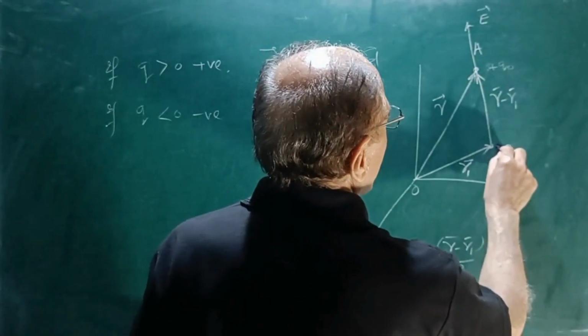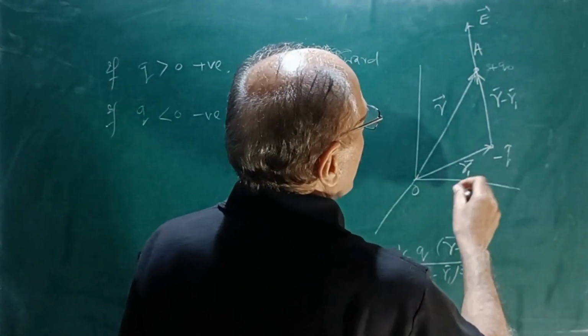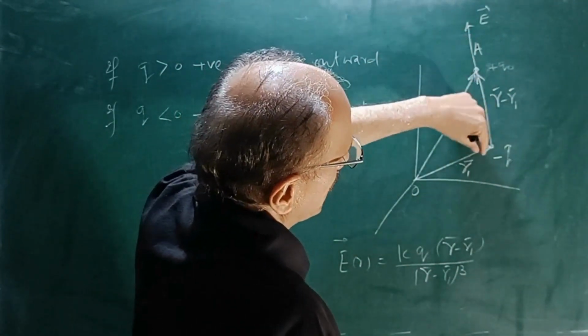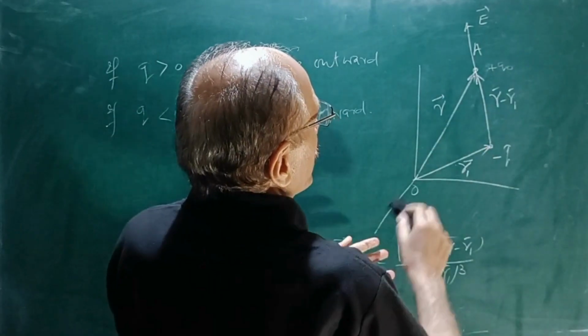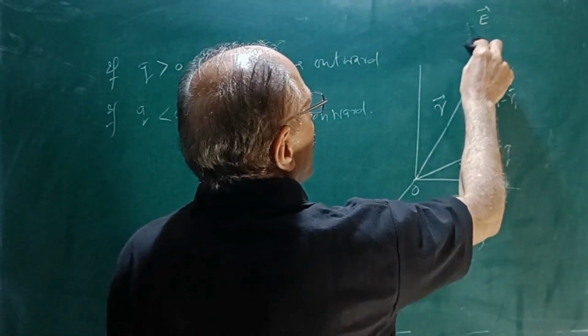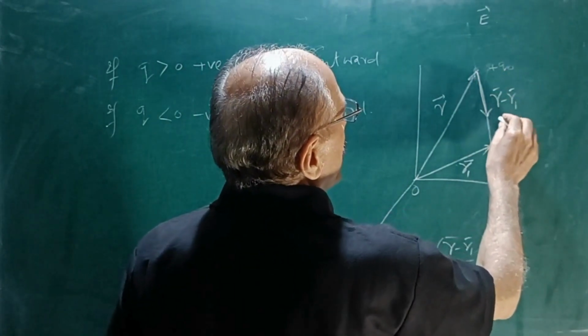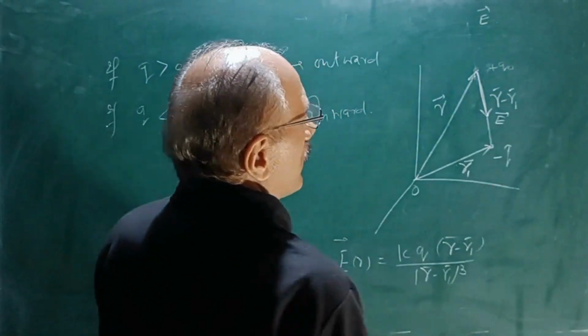Suppose this is the negative charge. This time what will happen? It is a positive test charge, so it will pull it. So in that case, the direction of the force will be here, and so will be the direction of the electric field.